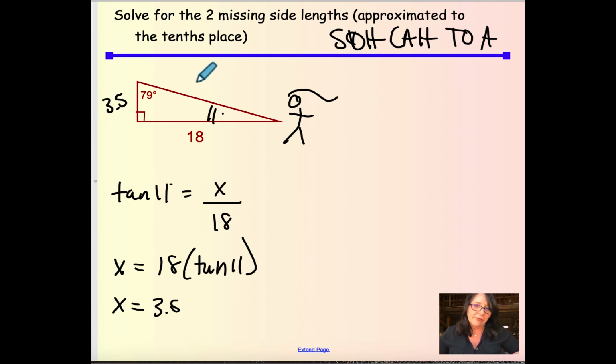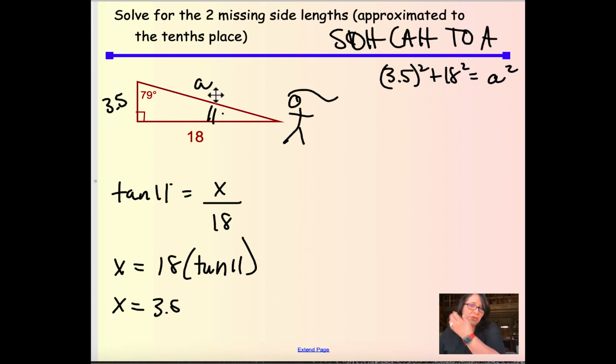So now I have to find this length here. Now you have options, of course. You can use the Pythagorean theorem, 3.5 quantity squared plus 18 squared equals the hypotenuse squared. I could use that, or I can also use sine, which would be sine of 11 degrees is equal to the opposite side over the hypotenuse, or I could use cosine.